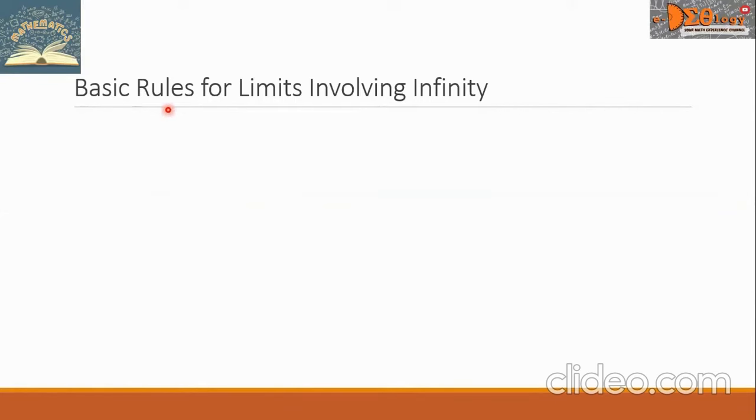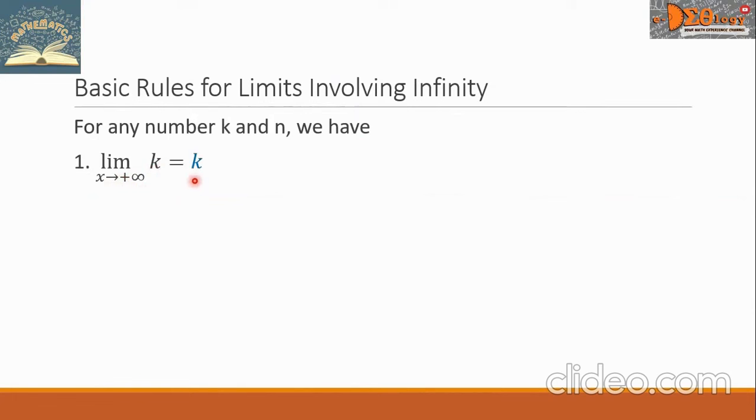Let us see the basic rules for limits involving infinity. For any numbers k and n, we have number 1: the limit of k as x approaches positive infinity is equal to k, that constant itself.